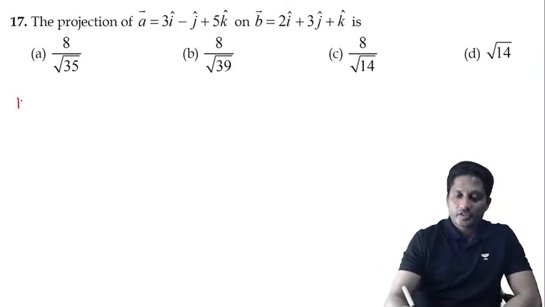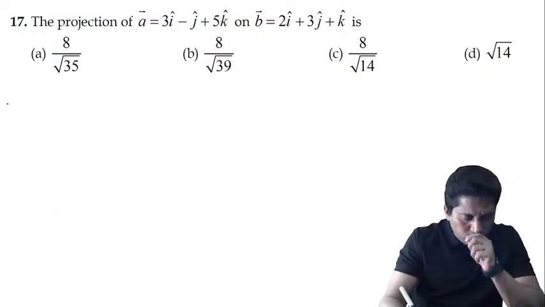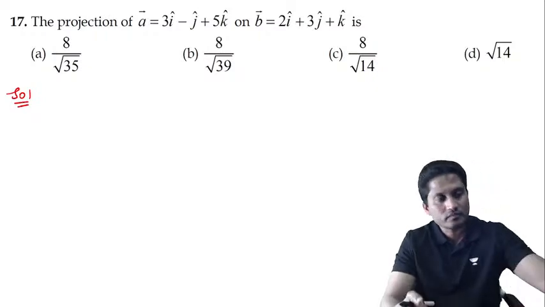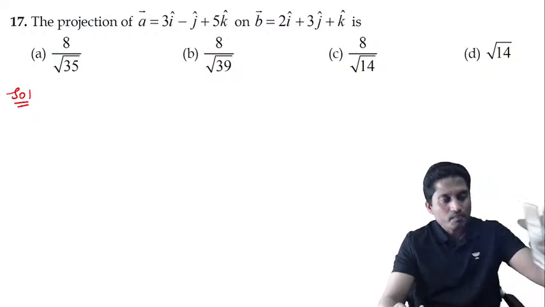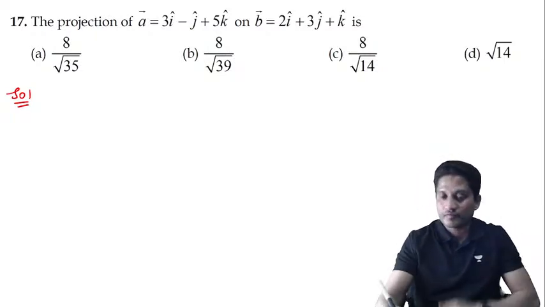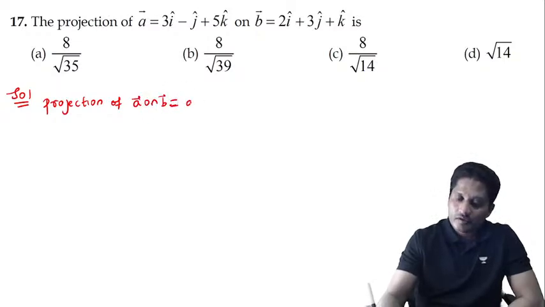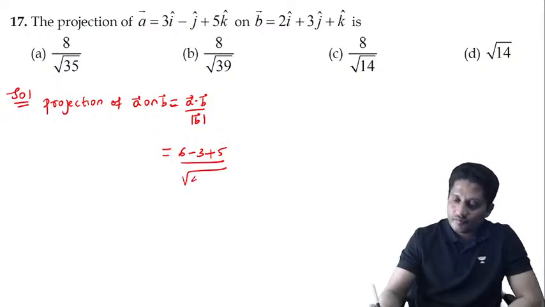Question number 17, again projection of A on B. Projection of vector A on vector B, right, is equal to A dot B divided by mod B. If I take A dot B, it should be equal to 6 minus 3 plus 5 by modulus of B, which is 4 plus 9 plus 1.